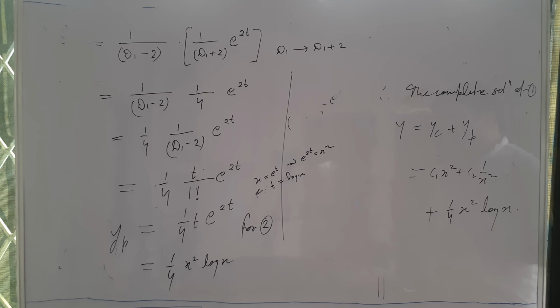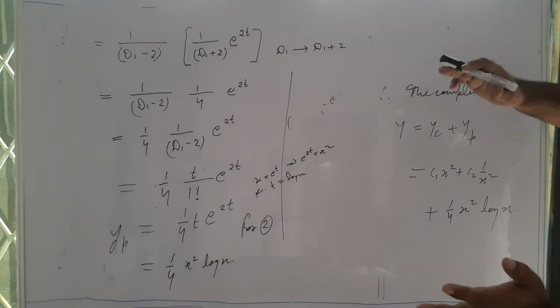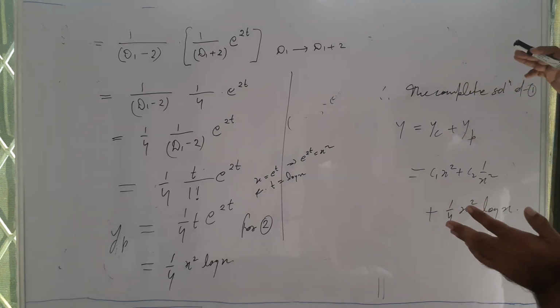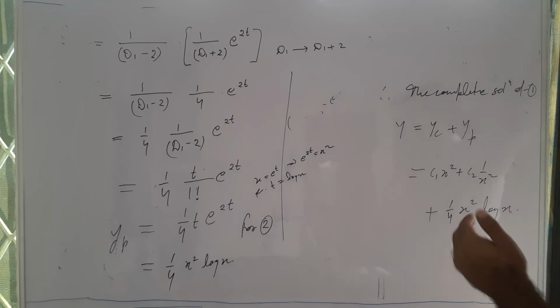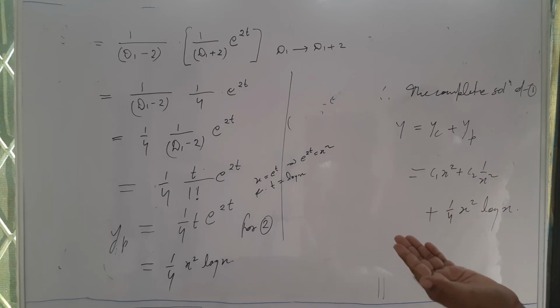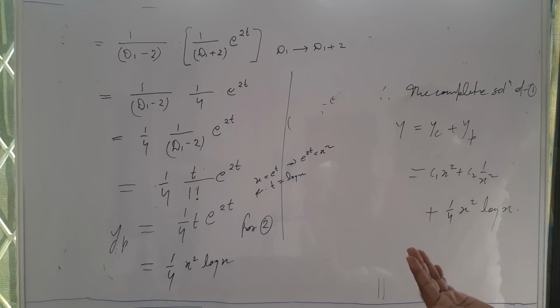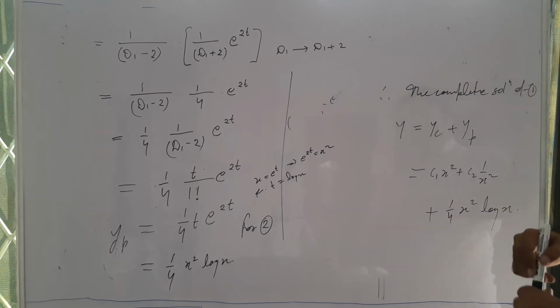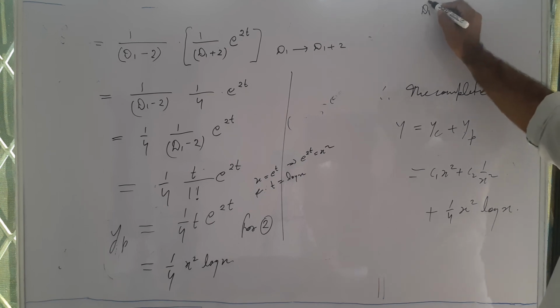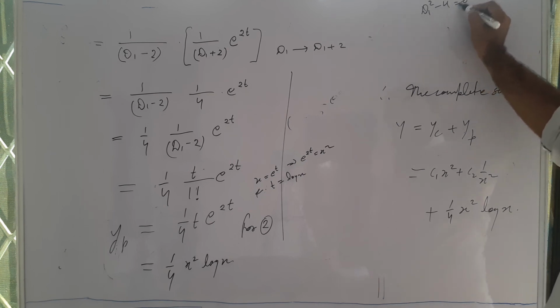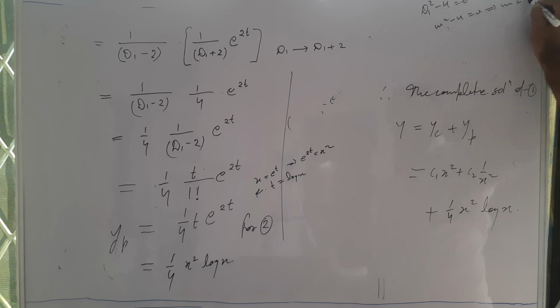Mostly students make a mistake here. When you have converted the given differential equation into the independent variable t, you need to write the complementary function in terms of t. Suppose we have D1 squared minus 4 is 0, so m squared minus 4 is 0, meaning m is plus or minus 2.